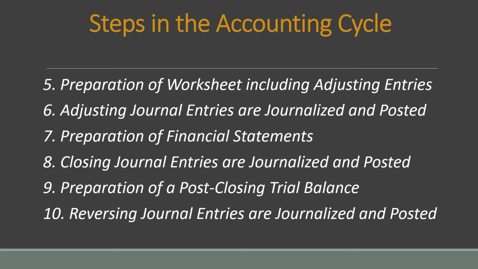And then, yung third and fourth column ng 10-column worksheet is for the adjusting entries. And then yung 5 and 6 column of the 10-column worksheet, that is for the adjusted trial balance.